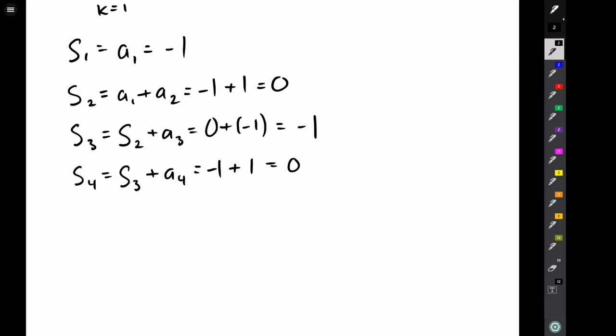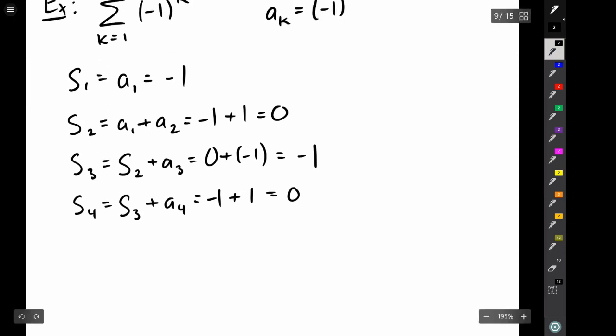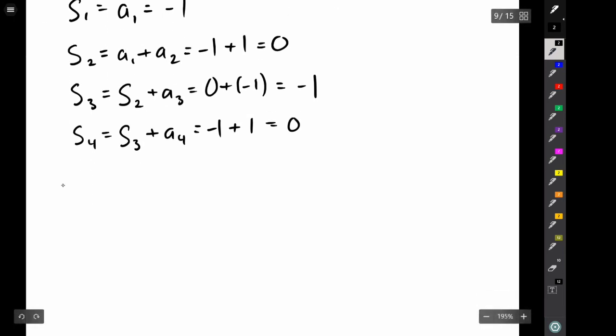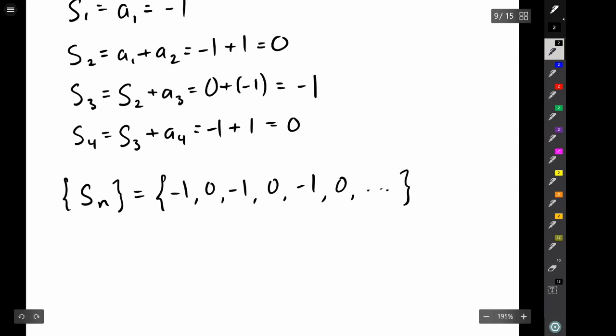So what we get here is a sequence of partial sums: -1, 0, -1, 0, -1, 0, and so on. The partial sums keep bouncing back and forth.